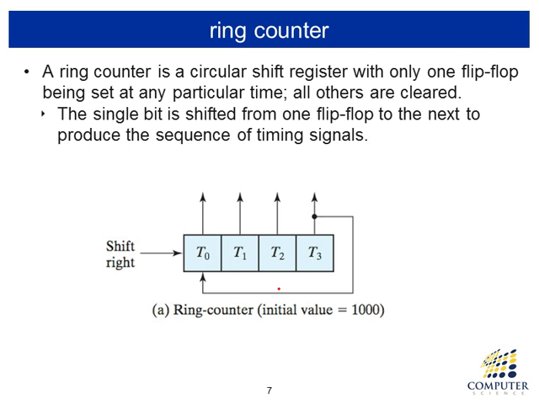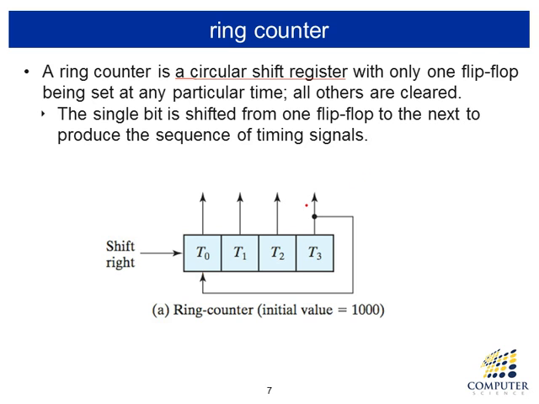And the ring counter is a circular shift register. Here is a ring counter, and we have 4 registers. They are connected as serial shift registers, but the very last one is connected to the input of the first one.